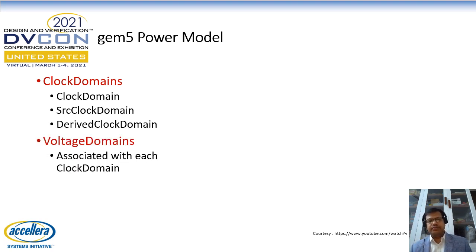And then we have voltage domains across the system, and each voltage domain is associated with a clock domain. And we also have thermal domains which also talk to the voltage domains as well.